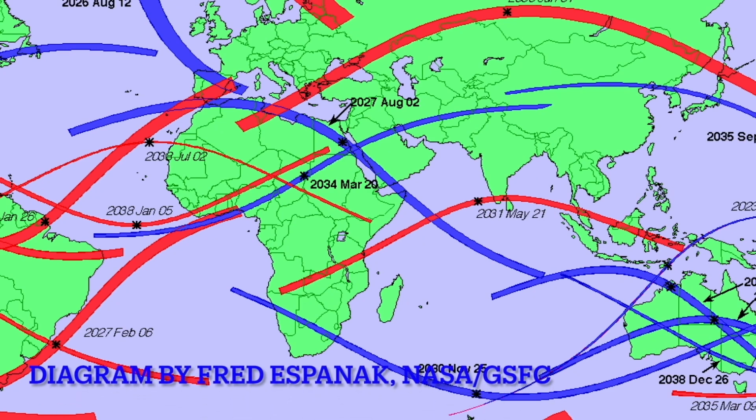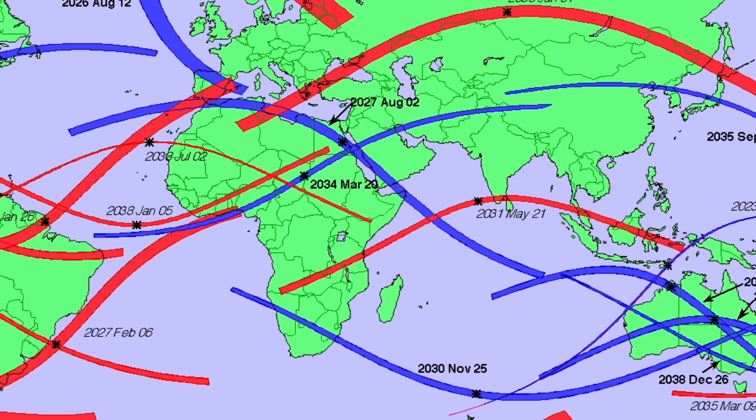In this diagram, the red ones are annular and the blue ones are total. And if we see the August 2nd of 2027 going straight across the middle there, from kind of going from up to down, it first goes through the Straits of Gibraltar and then passes across northern Africa and down through, I believe that's going through Egypt and Cairo, which is amazing.